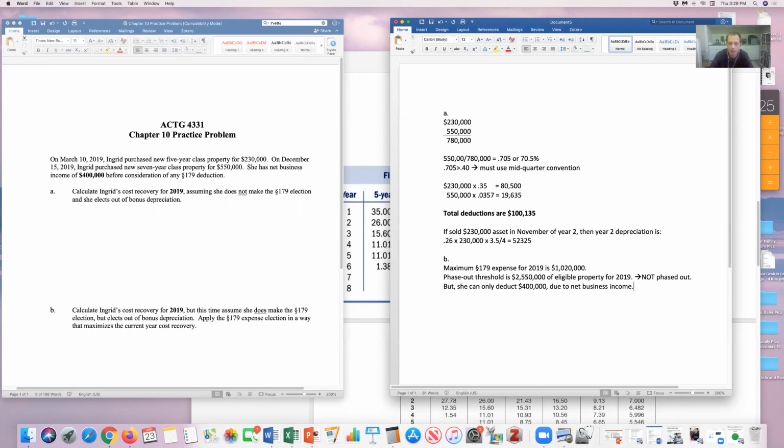The problem asks us to maximize the current year depreciation or cost recovery deduction. So the way that we'll do that is to elect 400,000. We're just going to elect up to the amount that she'll actually get to deduct because of her income.